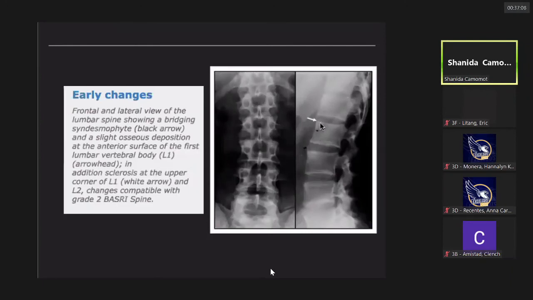There is sclerosis, the whitish area at the edge of the vertebra, on the upper corner of L1. This is compatible with grade 2 BASRI spine. We have syndesmophytes, osseous deposition, and sclerosis. Okay?